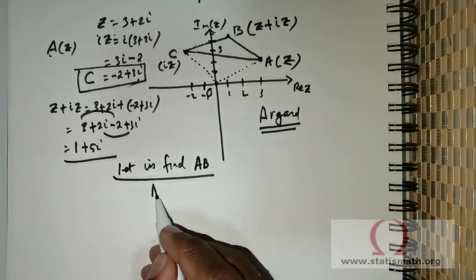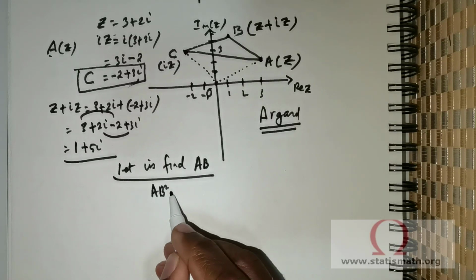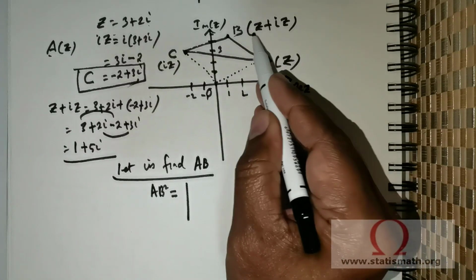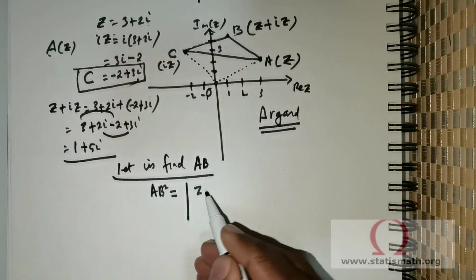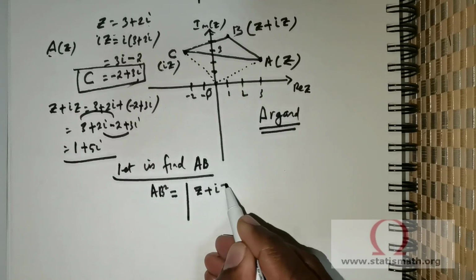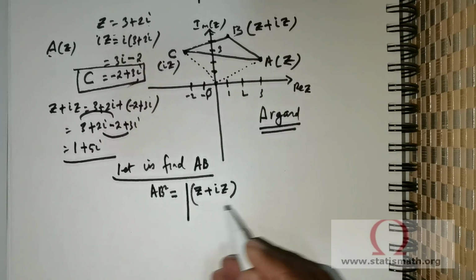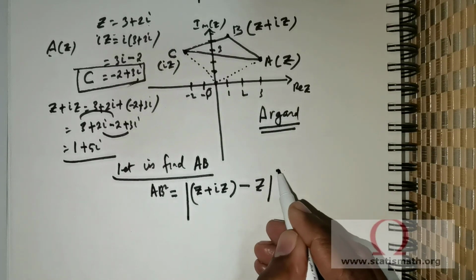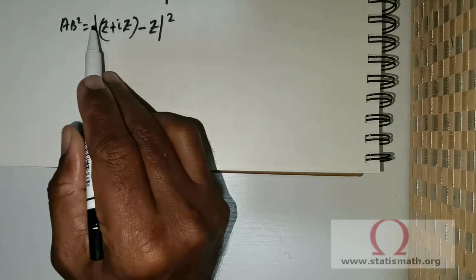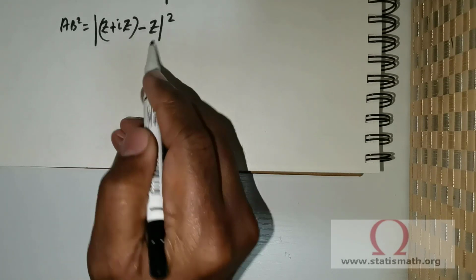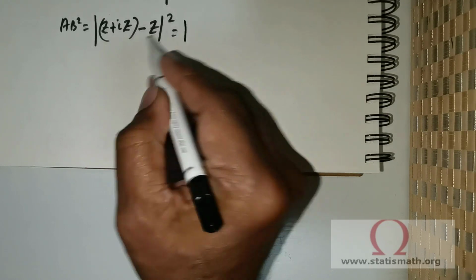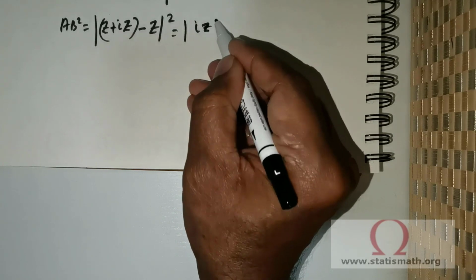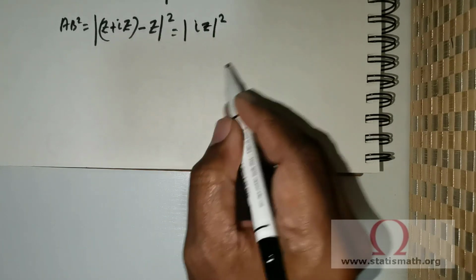So to find AB, I need to know what is AB squared. Now AB squared is going to be the modulus of z + iz - z, squared, simply using this formula. The +z and -z get cancelled, giving me iz inside the modulus raised to the power 2.